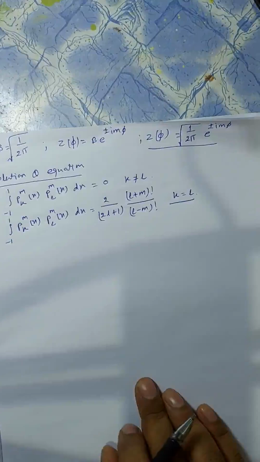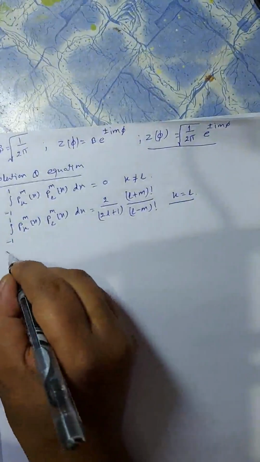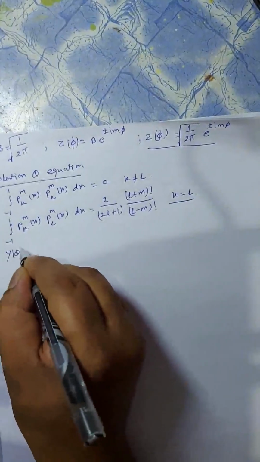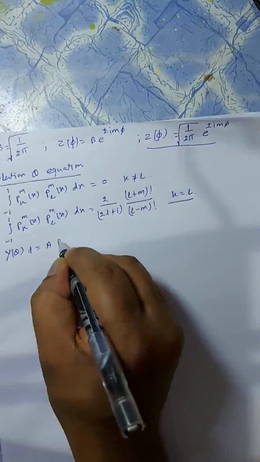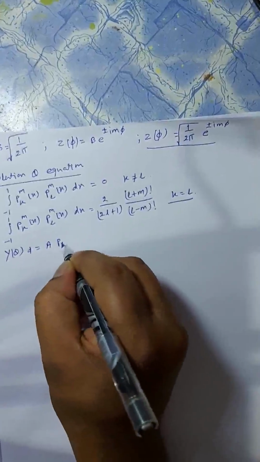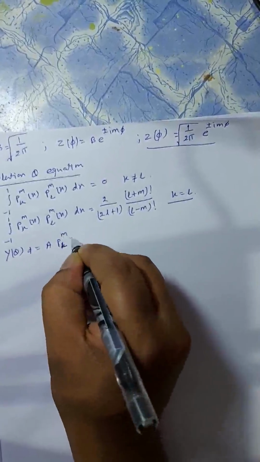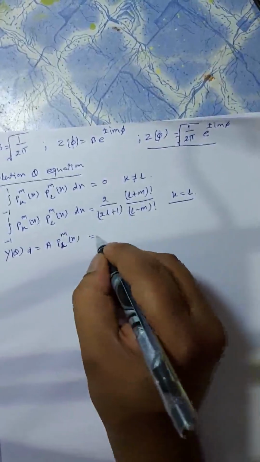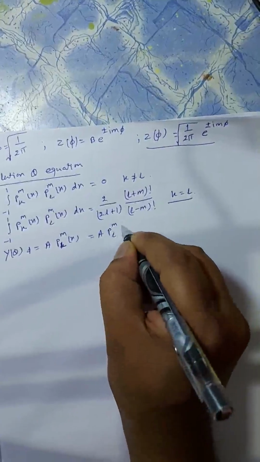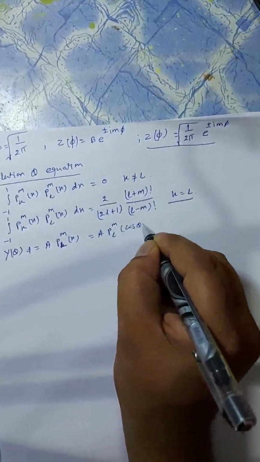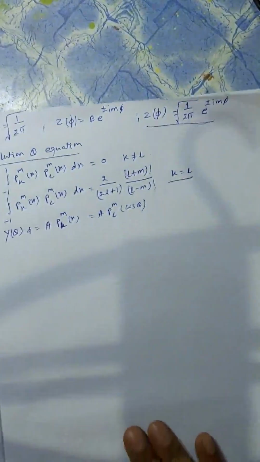In this condition the equation is this one. So what is the solution? Y(theta) is equal to a P_l^m(x), where x is equal to cos theta.